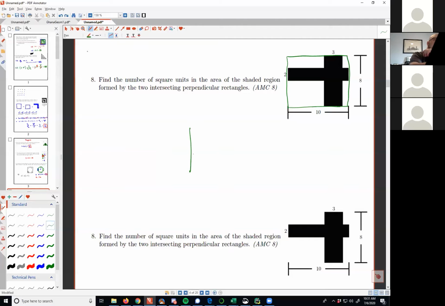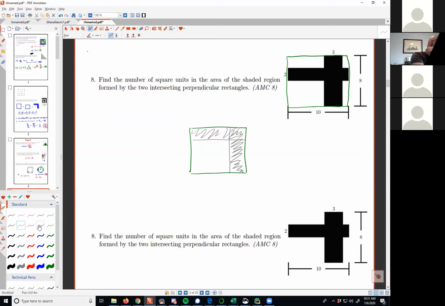All right, we could take this right here, and we could move the 2x10 strip up here, and then the 3x8 strip right there. I like it.